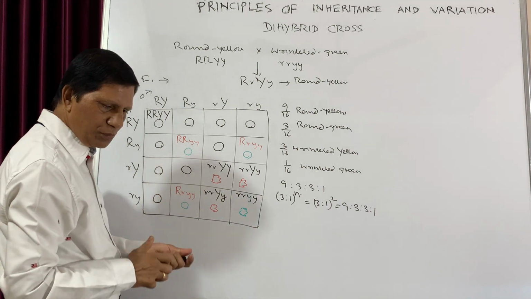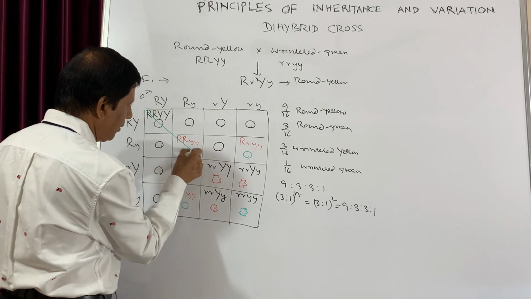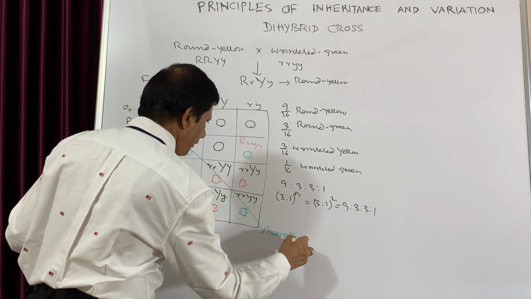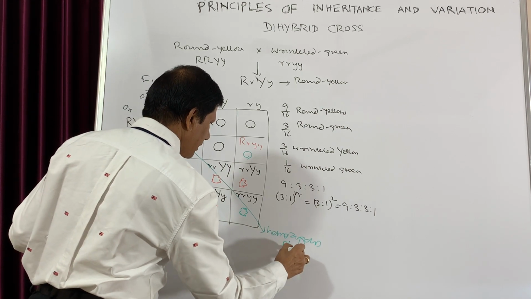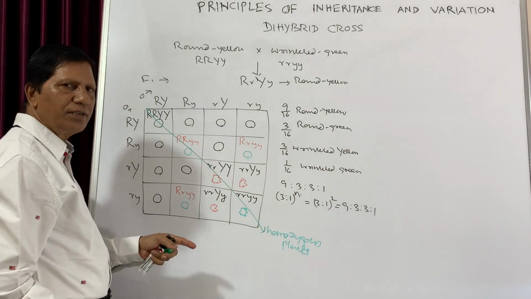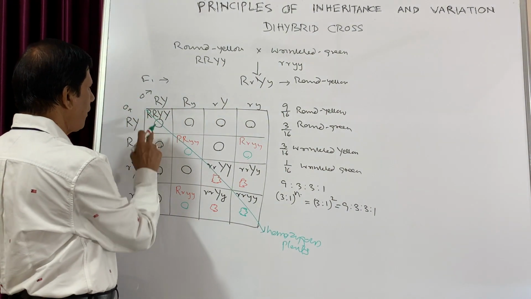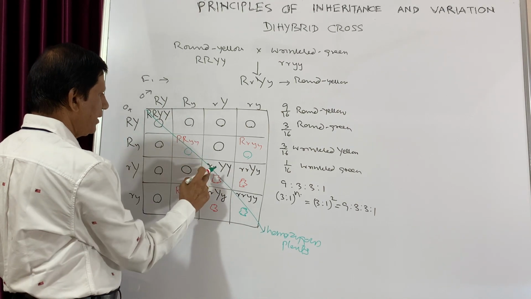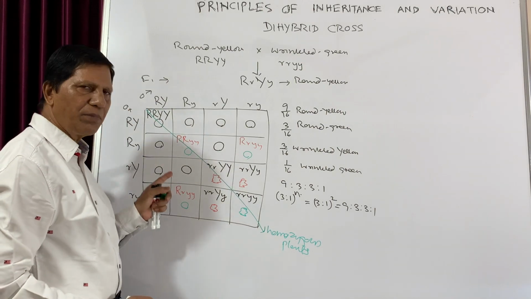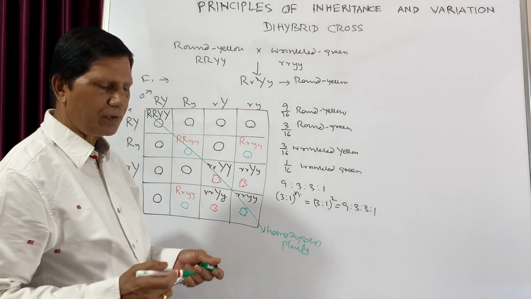That means at these 4 places, these 4 corner to corner, these are homozygous plants, while all others are heterozygous. You see, capital R, capital Y, capital R, small y; here small r, capital Y, small r, small y. Out of these 16 plants, 4 are completely homozygous and the remaining 12 are heterozygous.